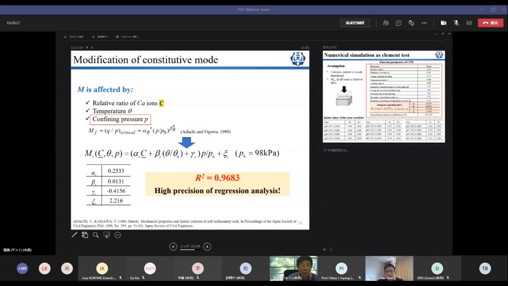So by these definitions, we can find, though the material parameters change from 1 to 4, alpha, beta, gamma, and theta, all these ones are uniquely defined irrespective of what kind of solutions, the temperatures, and the initial confining stress.